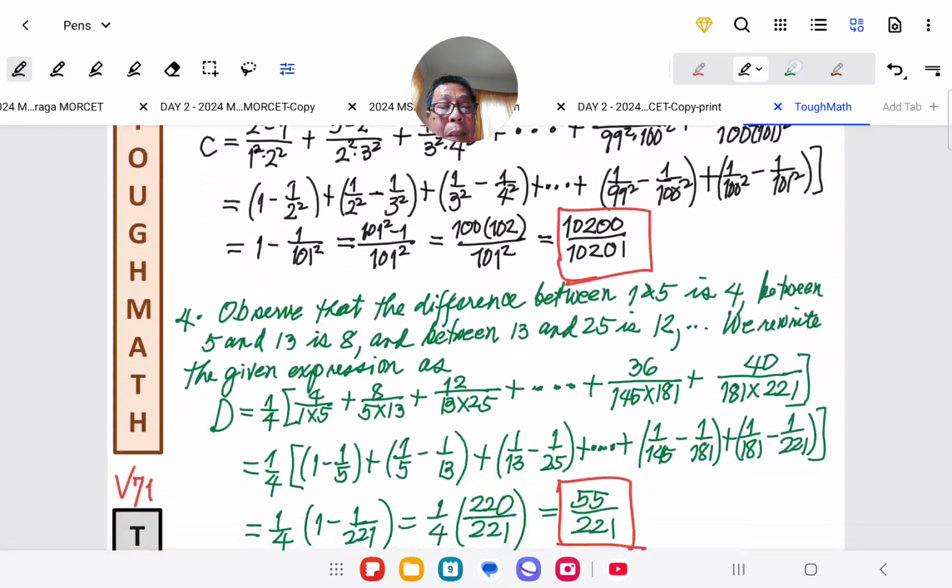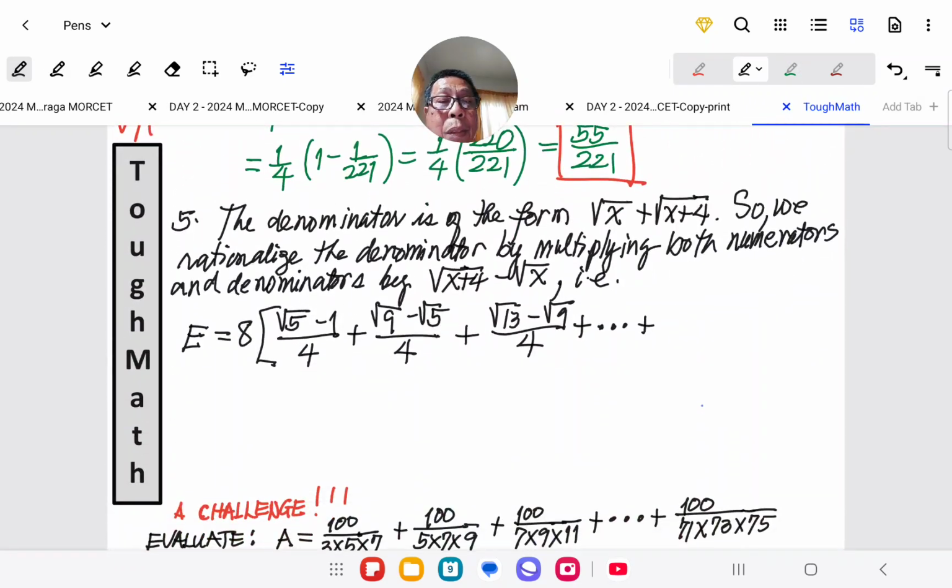Okay, so this is square root of 93 minus square root of 89 over 4 plus square root of 97 minus square root of 93 over 4.